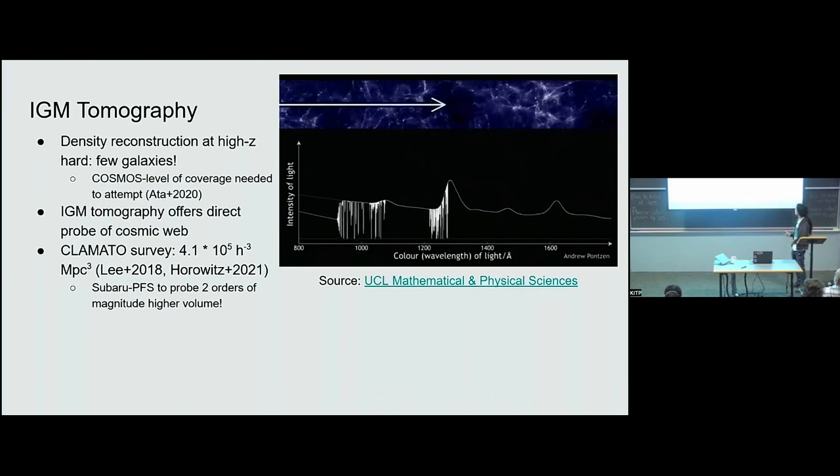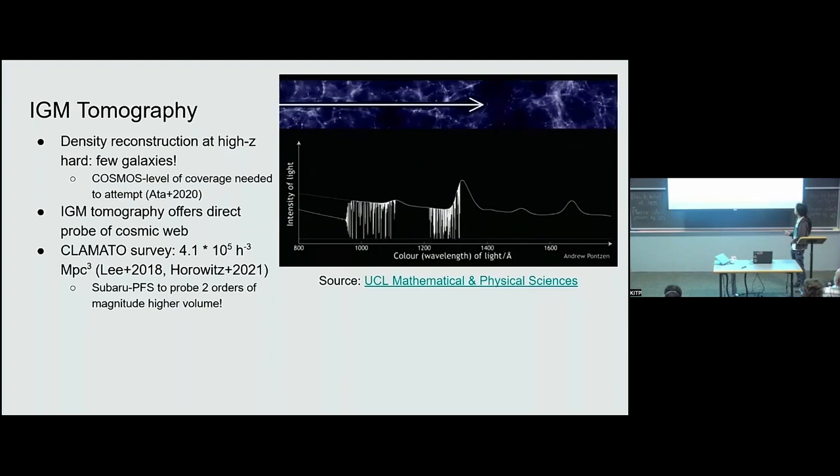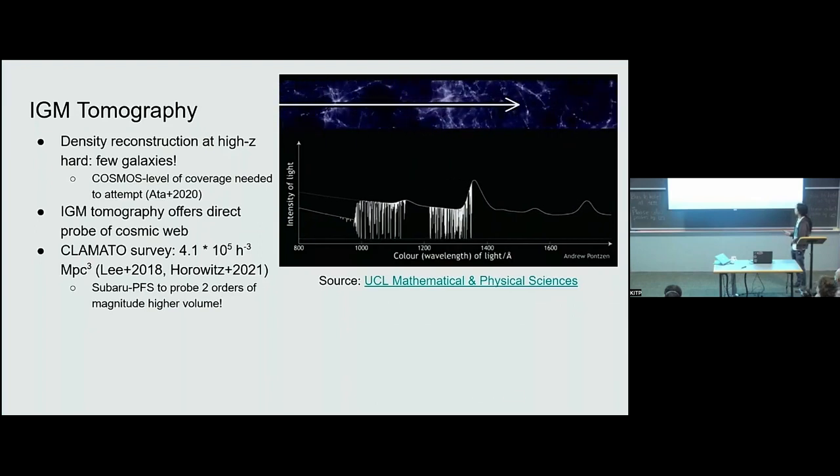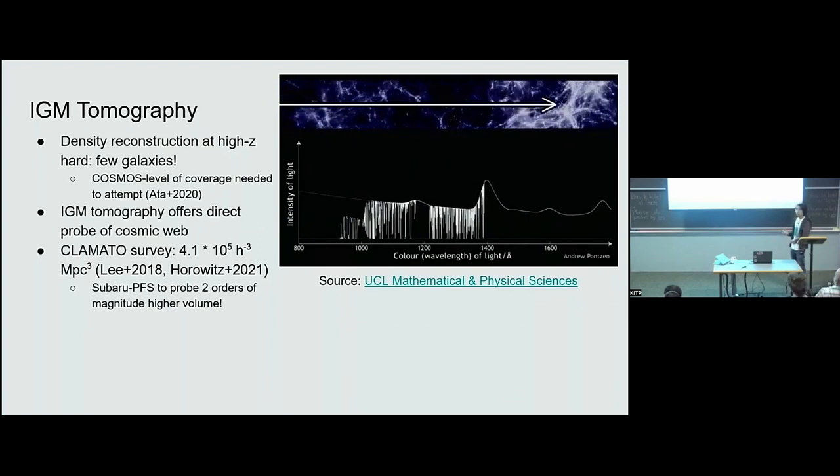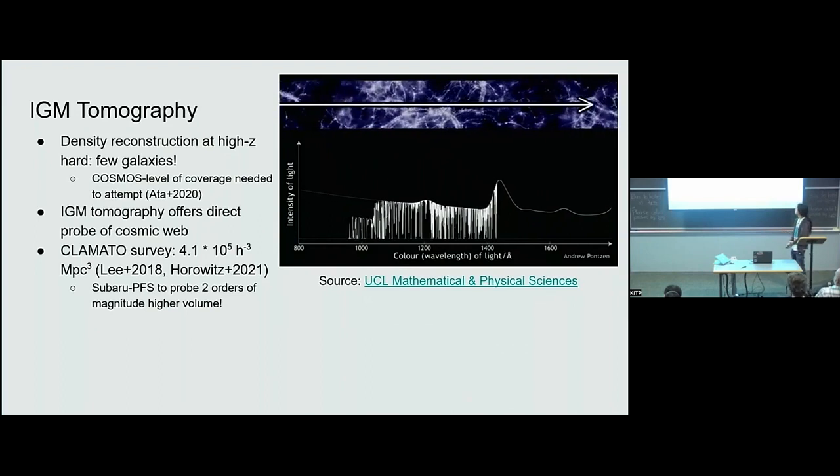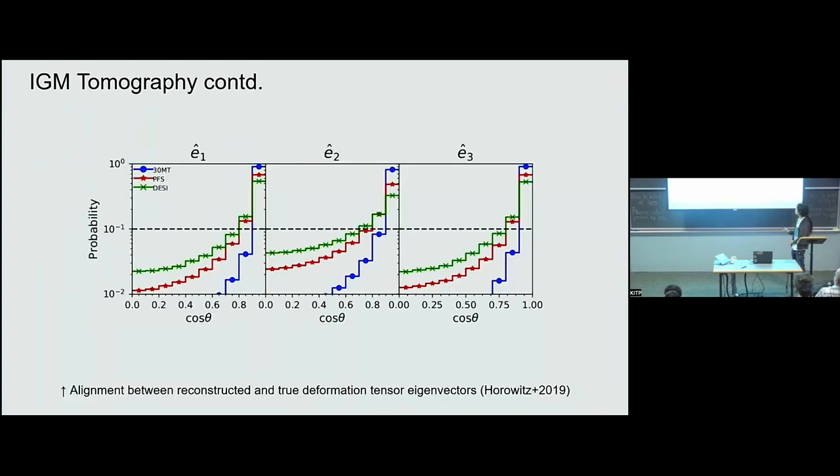This has been done by KG in the CLAMATO survey in the COSMOS field. However, Subaru PFS is going to be probing a much larger volume for this. And the upshot of it for our purposes is that if you use Ben's TARDIS code to reconstruct the cosmic web from IGM tomography, you're able to reconstruct the cosmic web eigenvectors, the Hessian eigenvectors, pretty accurately if you look at this red line for the PFS forecast.